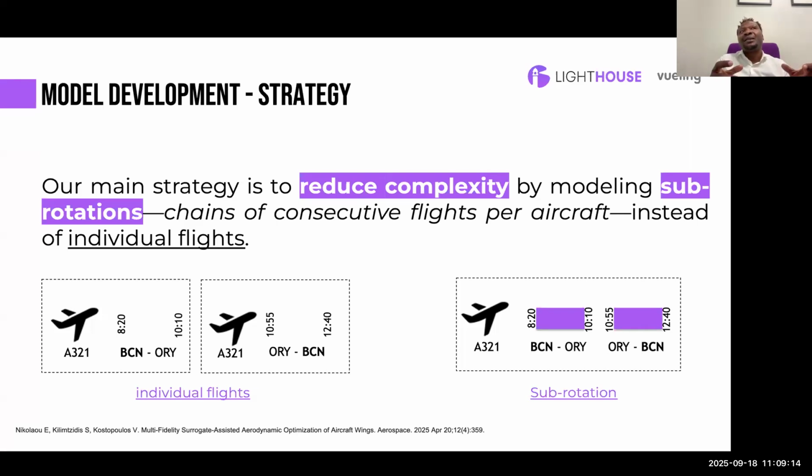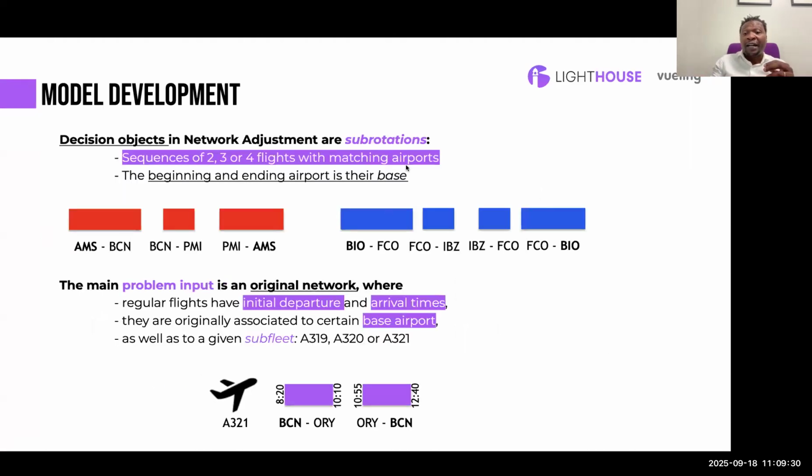By doing this, we are reducing the number of variables that we will need for all this synchronization and for working with the turnover flights. Those variables are somehow our decision objects for the model we are focusing on.